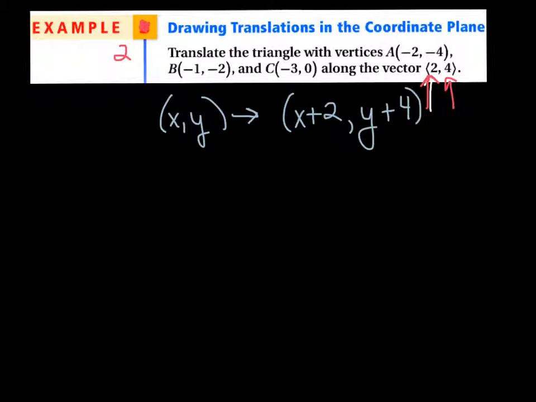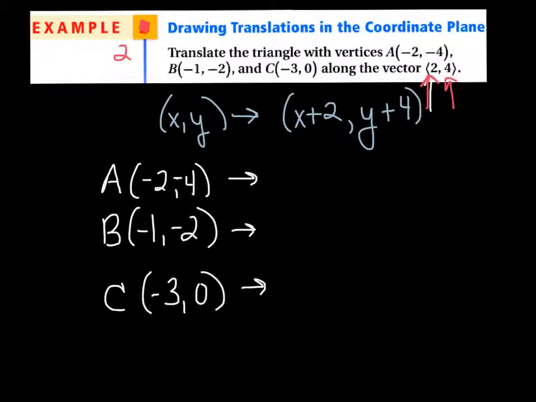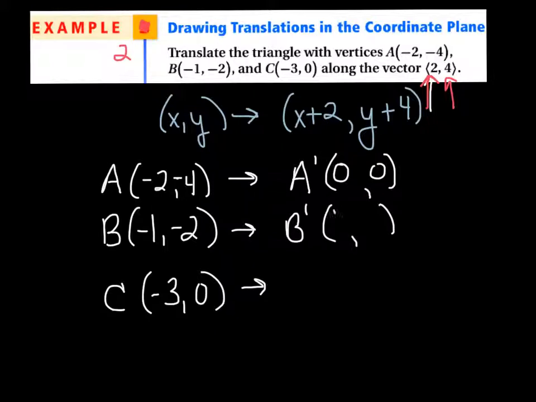So we're going to take each of our ordered pairs and add 2 to the x and 4 to the y. So A prime would become 0, 0. B prime would be 1, 2. And C prime would be -1, 4.